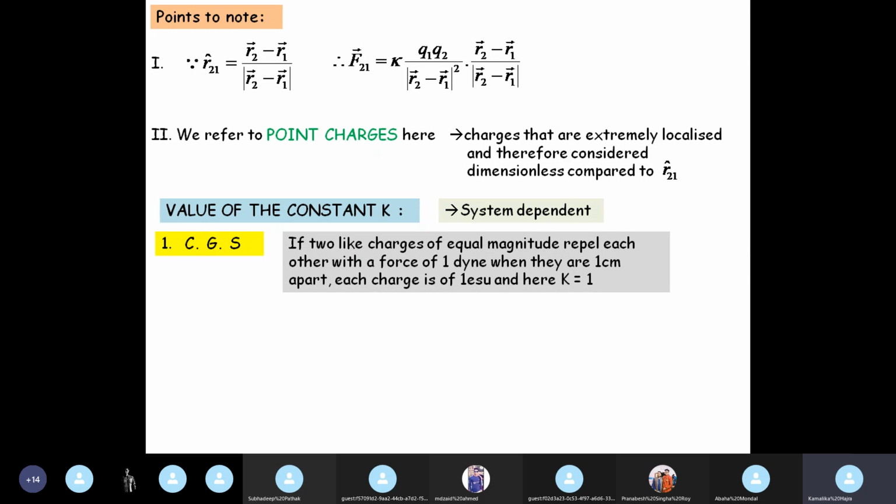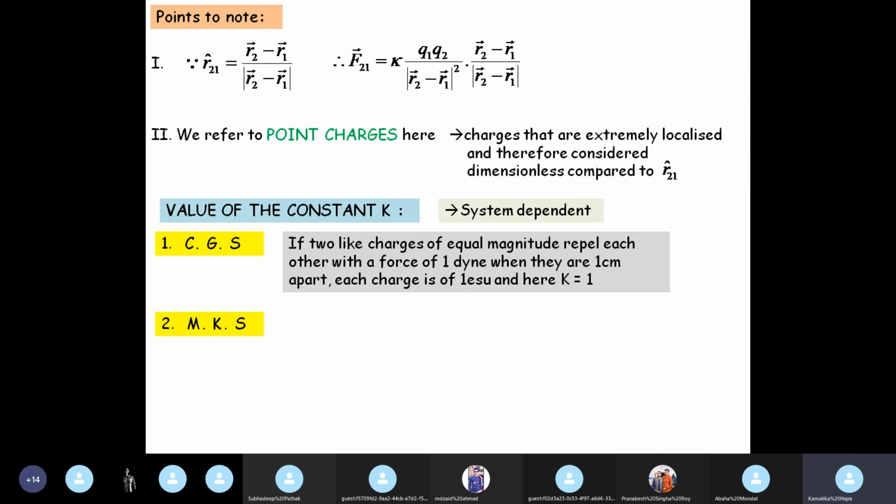Okay, so you can directly put it in this formula and see Q1 is 1 ESU, Q2 is 1 ESU, distance between them is 1 centimeter. So 1 by 1, and the force is also 1 dyne. So 1 equal to kappa into 1 by 1, so kappa is 1. So in the CGS system, the value of kappa is 1.